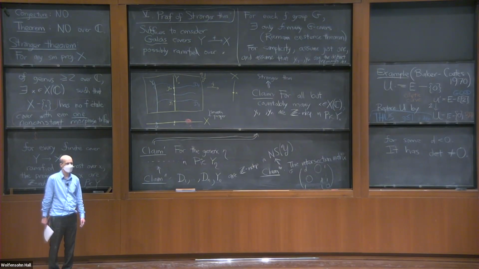Are we using that solutions are divisors, or can we replace, in a stronger theorem, X with a divisor defined over C and do the same? Okay, those are good questions.